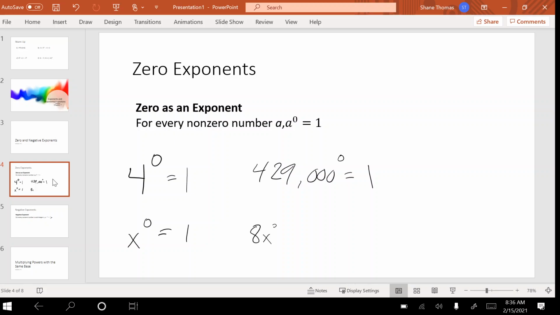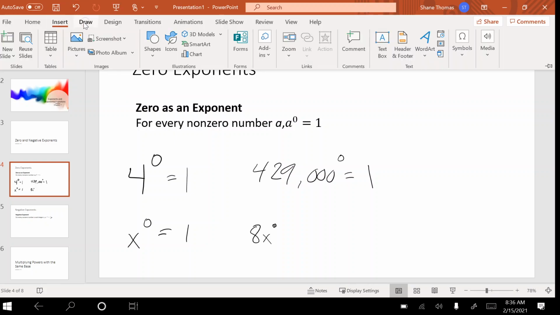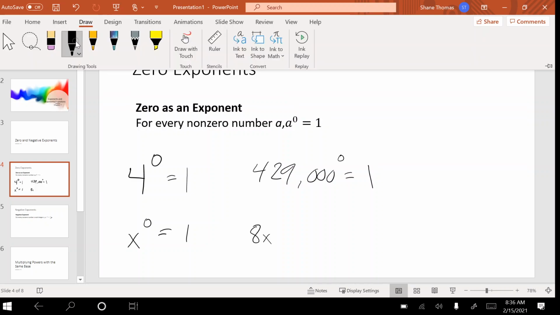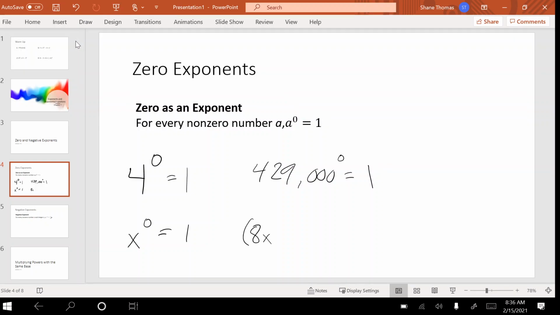8x. Ooh, hold on. This typo. It's a 0. 8x to the 0 power is what? 1. Anything and everything to the 0 power is 1.